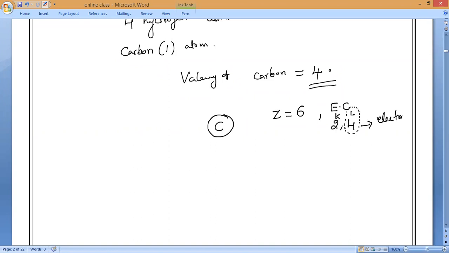As I told you, when it becomes stable in nature, the valence shell must have how many electrons? 8 electrons. So here it has only 4. But remember, 4 cannot be donated.